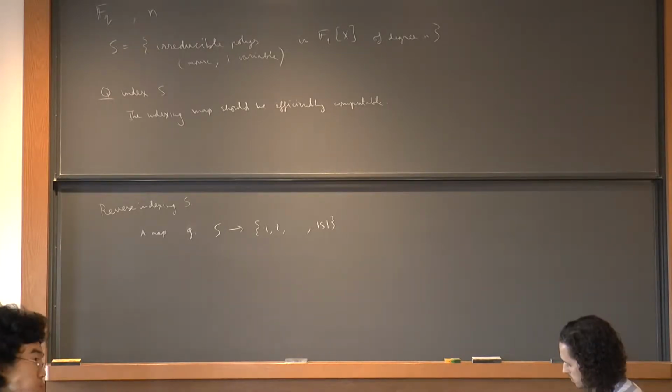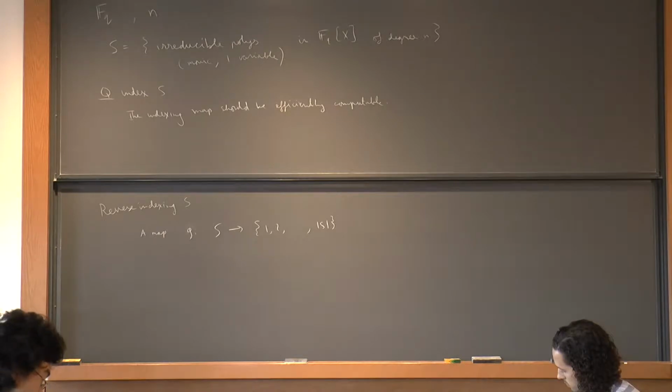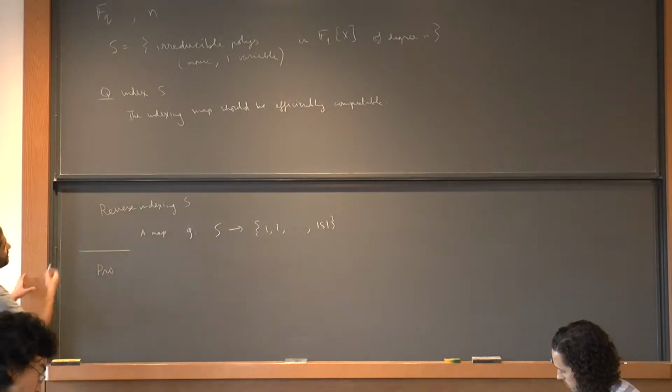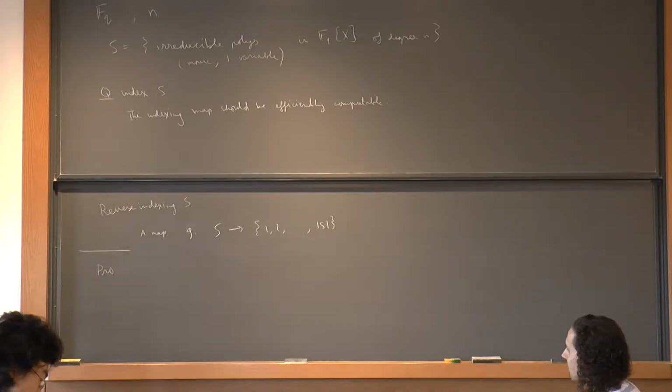I think you know how to find even one irreducible polynomial? That's a very good question. So here's another problem. We got a bit ambitious, didn't we? We said, let's find an indexing of all irreducible polynomials. Can you find even one? So here's the problem.